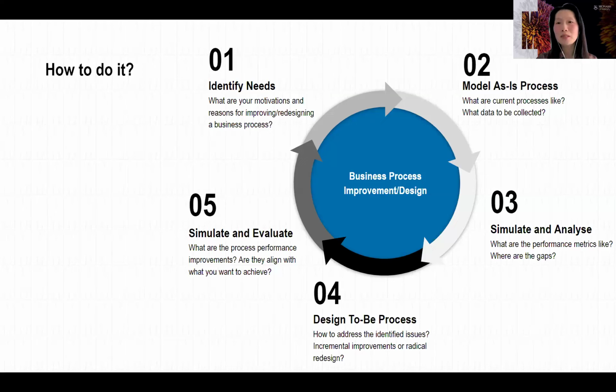In this business process context, we need to look at the current process. What's the issue? Maybe customers complain that the waiting time or queue is too long, or the business feels it's not efficient in utilizing its resources. So the first thing is you need to identify the needs.